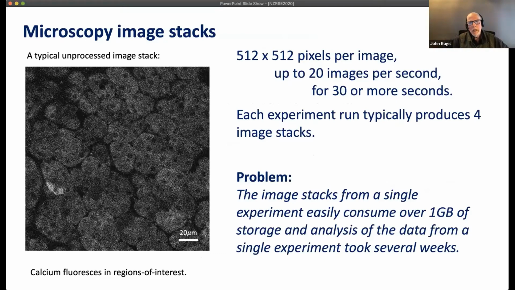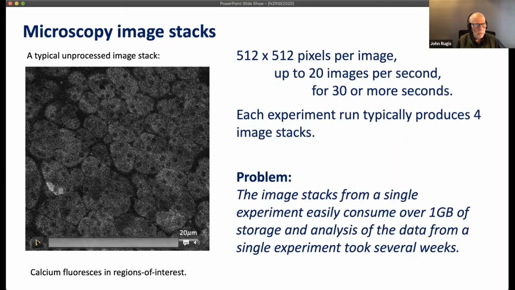And with the latest hardware, these are acquired at up to 20 images a second. A typical experiment will run up to 30 seconds. And each full experiment typically produces 4 image stacks because they stimulate the animal with different electrical frequencies to induce it to produce saliva.